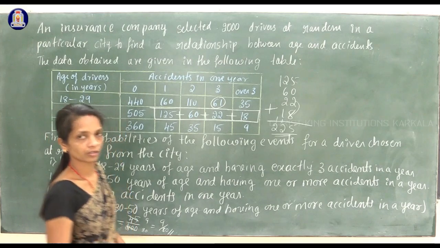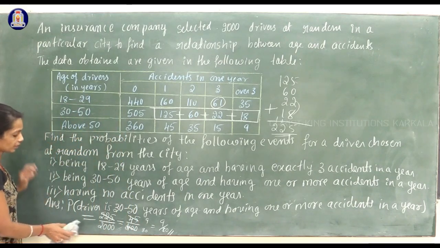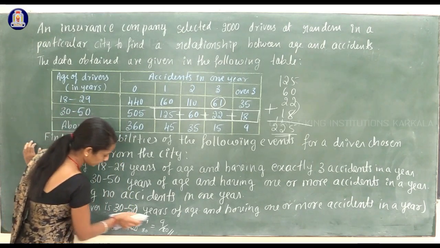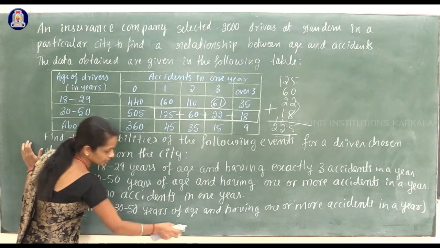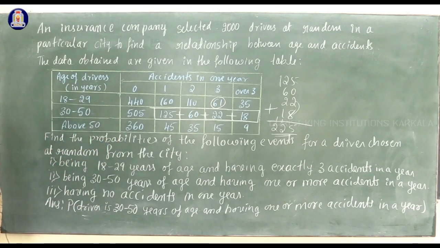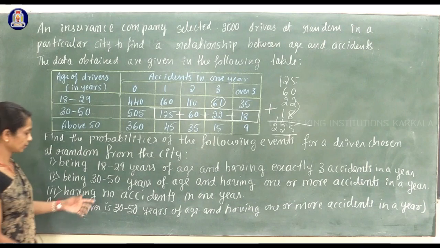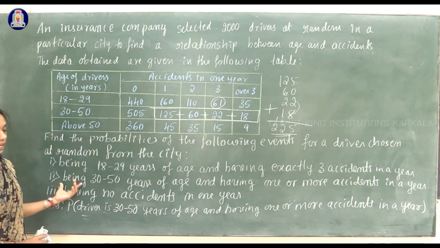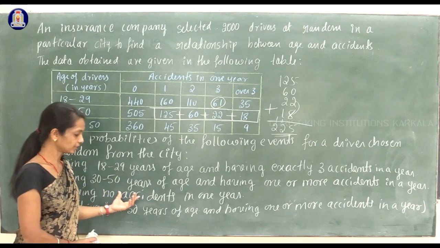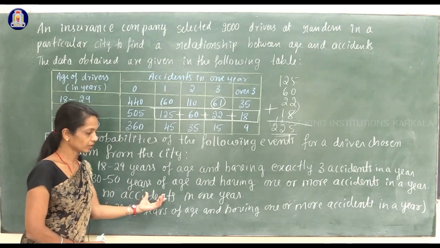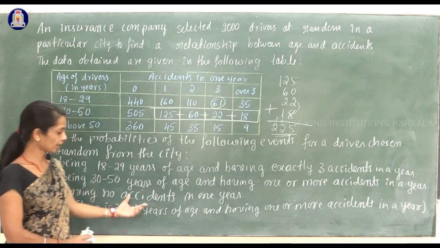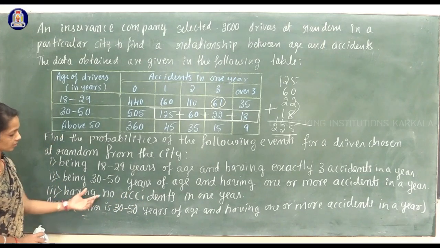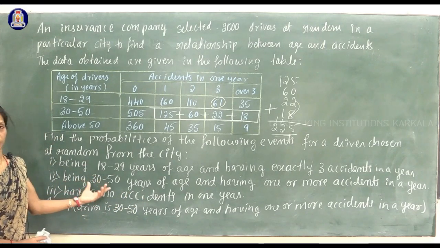Next, the third one: the probability of a driver having no accidents in 1 year. Here the age limit is not given. For the third event you are not given an age limit, and that driver should not have met with an accident. No accidents in 1 year means that driver should not have met with an accident.